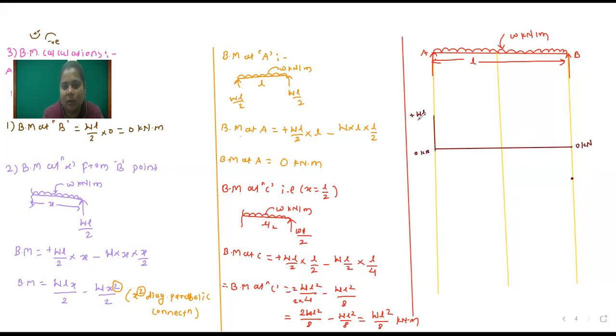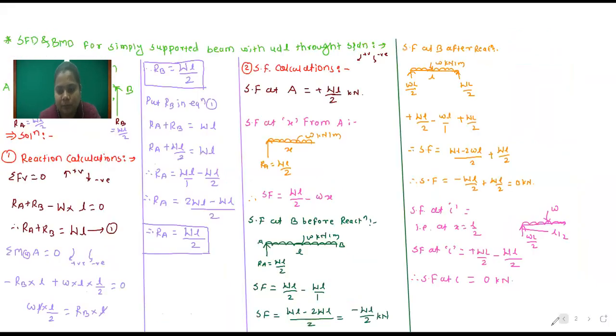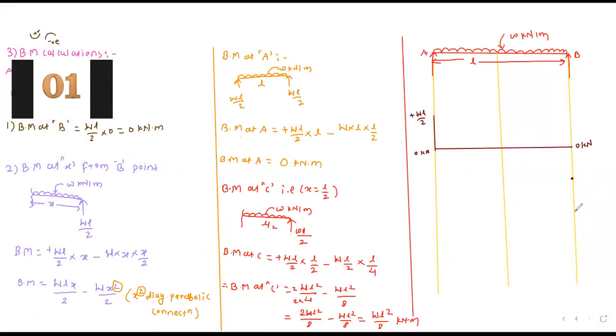And shear force at C is equal to 0 kilonewton. So this is our C point, and here shear force at C is equal to 0 kilonewton.